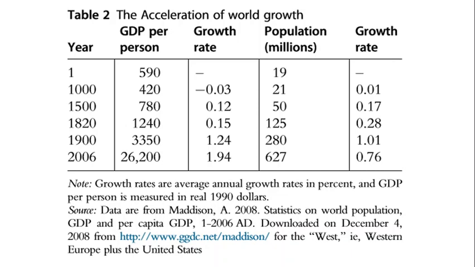But between the year 1 and the year 1000, we actually have a negative growth rate. The population of the planet increases slightly, but the GDP has declined. This is partly probably the fall of the Roman Empire and other factors, but you end up with an economic reality that isn't particularly different.